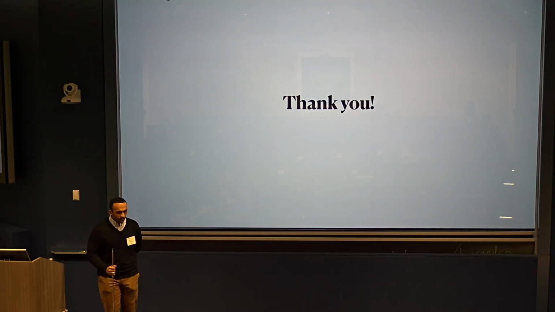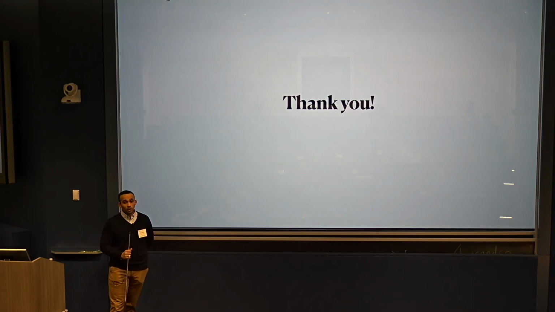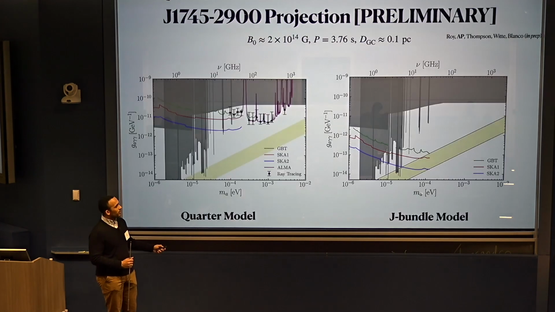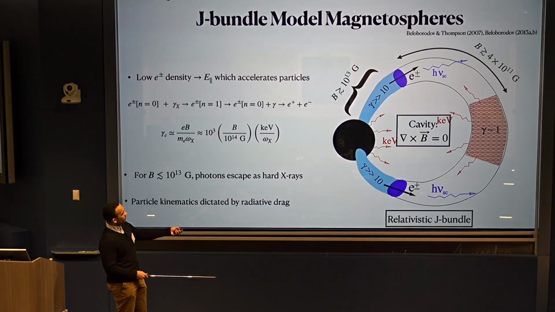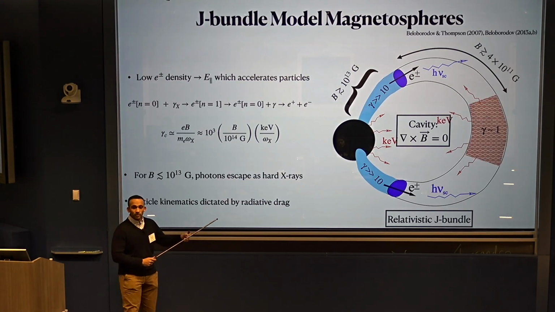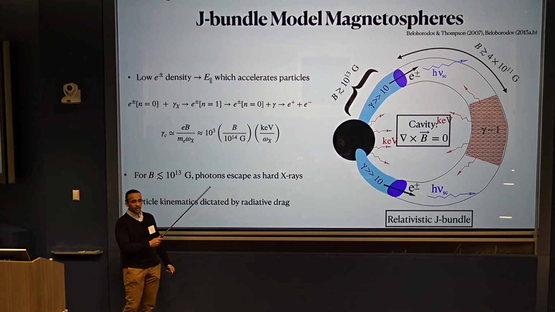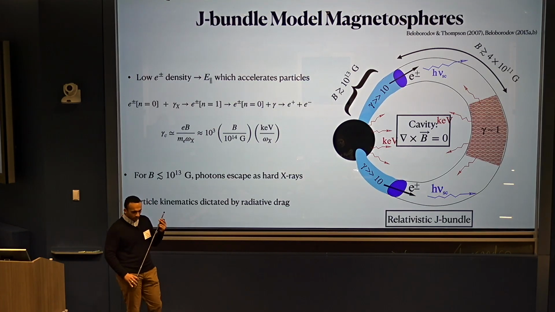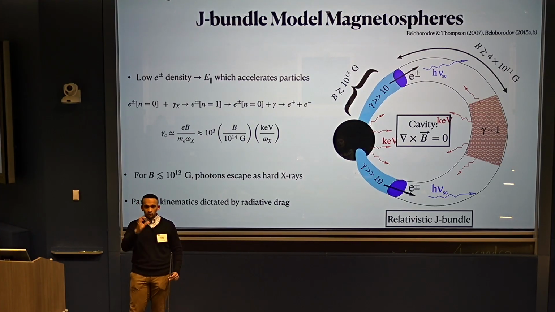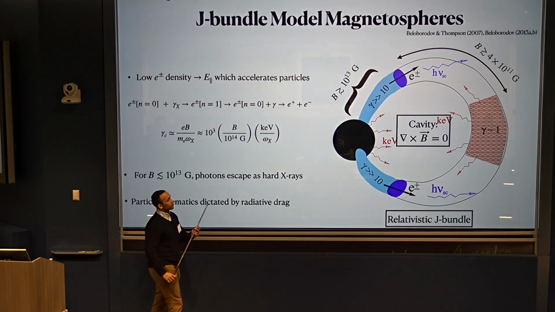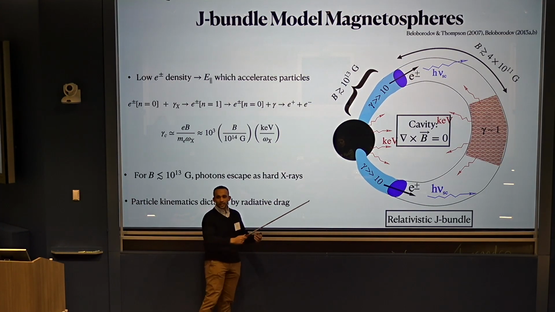Yeah, so I went over this quickly. There are observations that have some support for one model or another. Actually, I should say this J-bundle model: for this particular magnetar that we are looking at, there's a phenomenon that was predicted by this J-bundle model that was then observed in this magnetar. It's what's called shrinking hotspots. So you see the bases of these field lines.